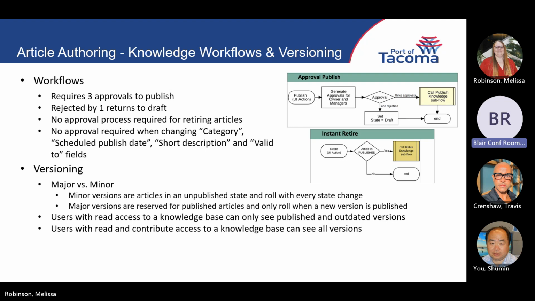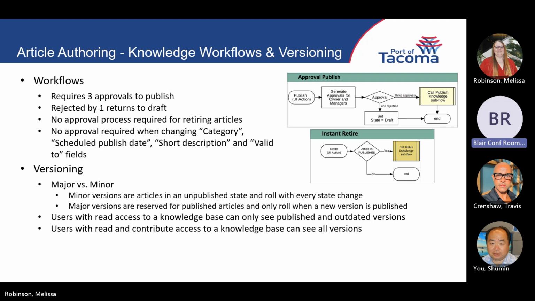And in the portal, I don't know if I'll actually be able to show this because I don't know that we have 2 versions of an article yet, but in the portal, there's a version number at the top left-hand corner, and it's a hyperlink. So if a user clicks on that, they'll see all the major versions of that article.